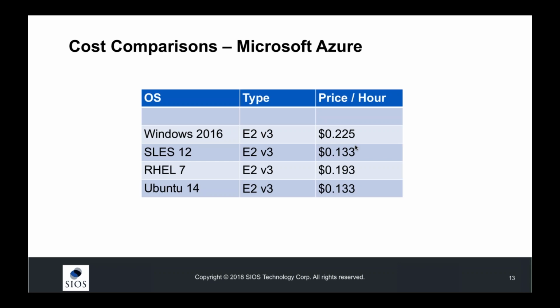And that is a huge difference, from 22.5 cents down to 13.3. So these cost savings in terms of price per hour in the cloud, I think they're going to cause some obvious interest, at least in consideration, to run on the Linux platforms, as opposed to what we see as the expensive Windows 2016 platform.